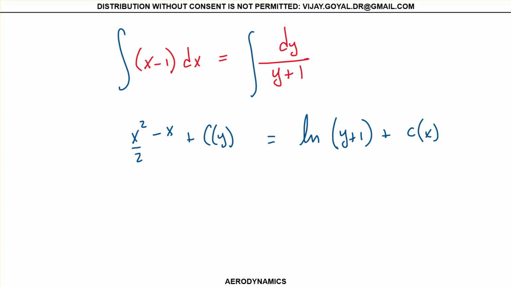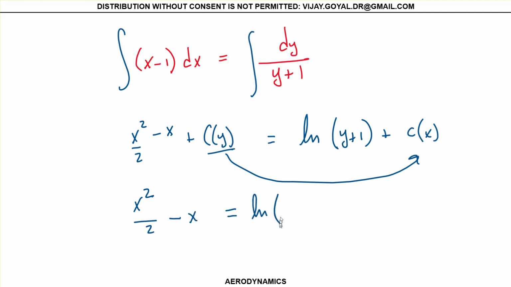So now the problem becomes how we can relate these constants, right? What if I bring this constant here? Now my entire equation becomes x squared over 2 minus x is equal to the natural log of y plus 1 plus cx minus cy.